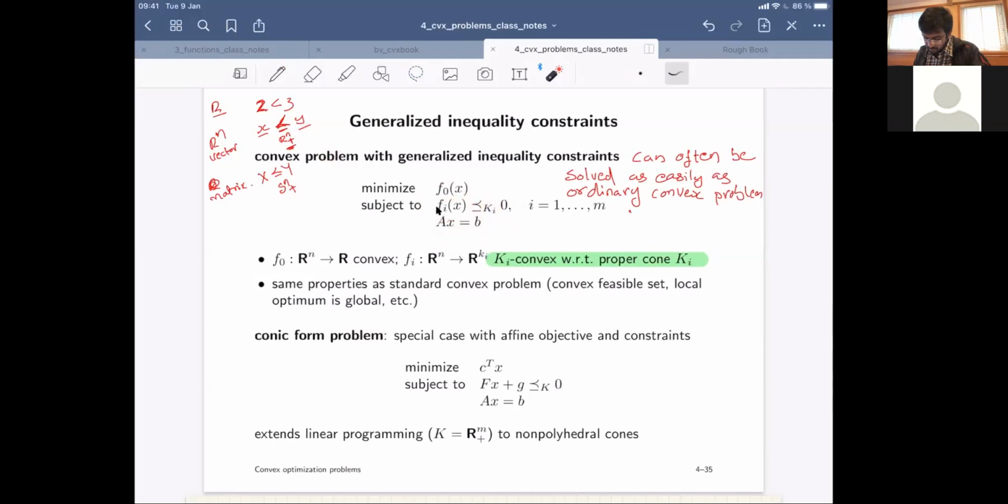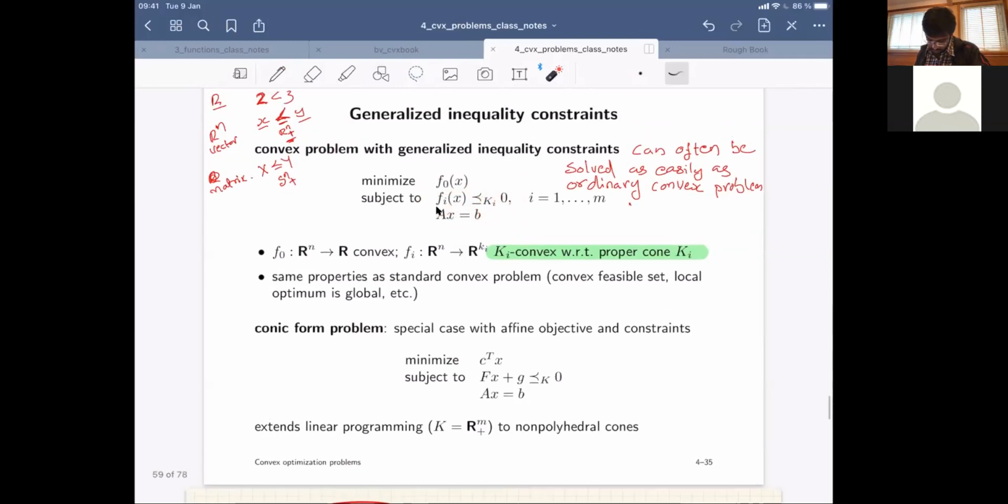So now fi is less than or equal to 0 with respect to the proper cone Ki. That's what I'm saying. Everything else is the same. F0 is convex, and fi is a function where the inequality is now represented using Ki.